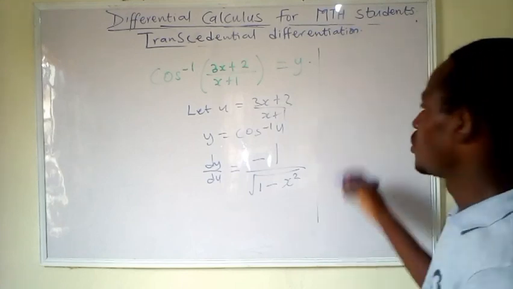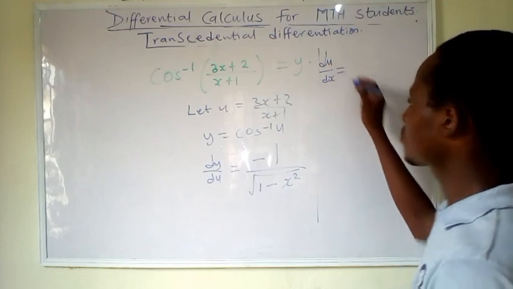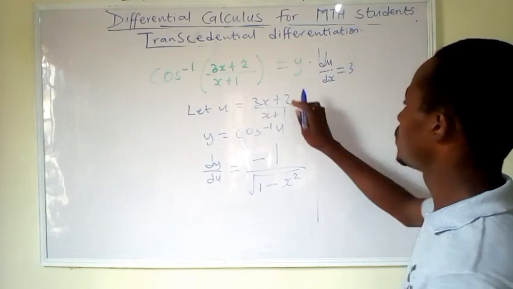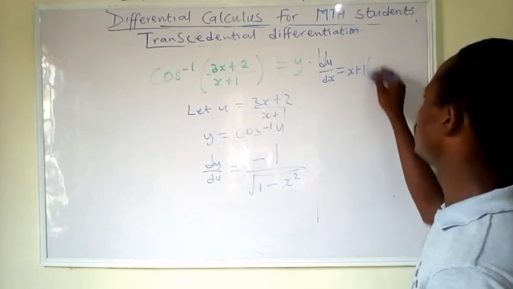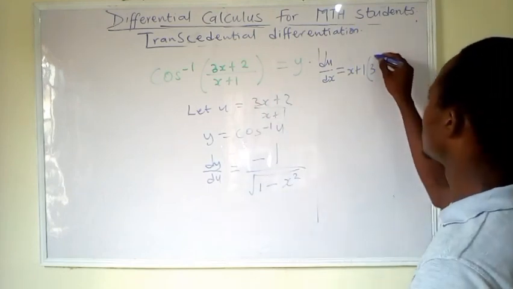So what I would need to do is to find the derivative of this by the quotient rule. So du/dx will now be, I'll take this as u and this as v. I'm going to have x plus 1 multiplied by the derivative of this, that is 3.